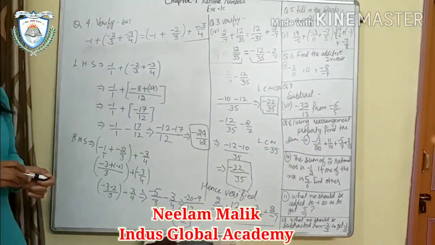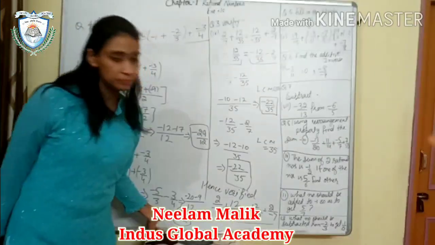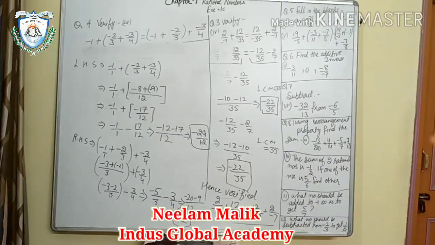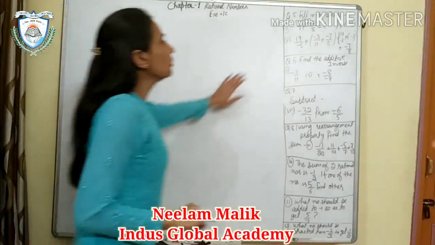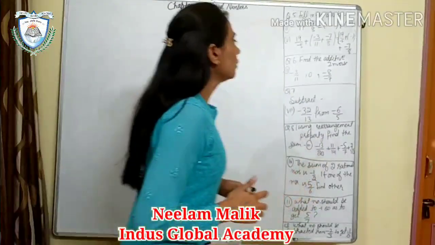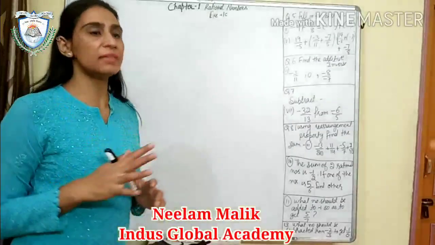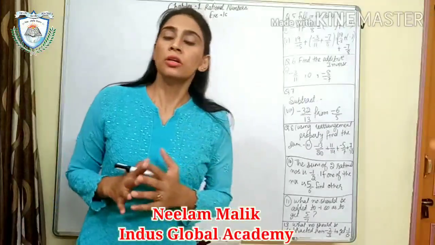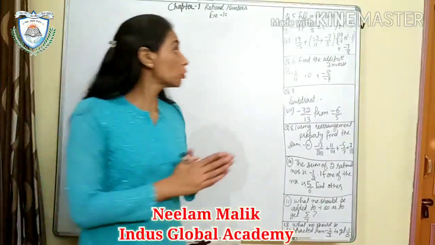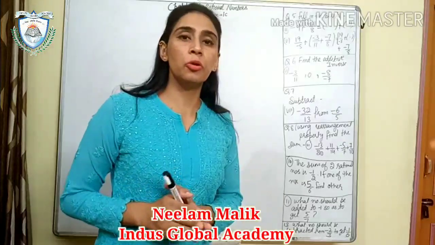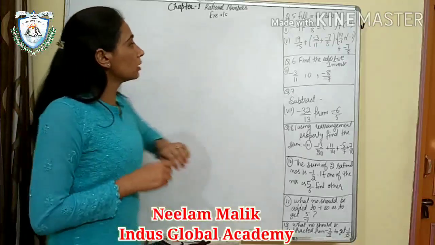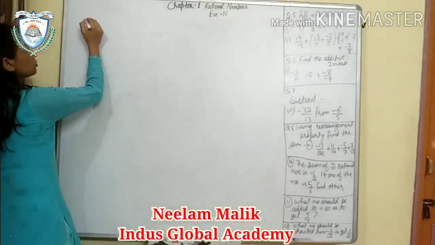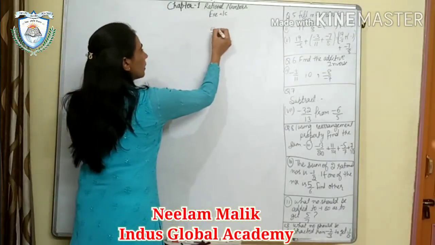Now we will do question number 5. Question number 5, fill in the blanks. Some fill in the blanks are given in which some properties are given, associative property and commutative property. So let us take one example. This is your question number 5, second part.